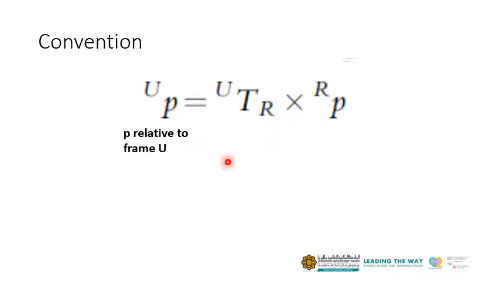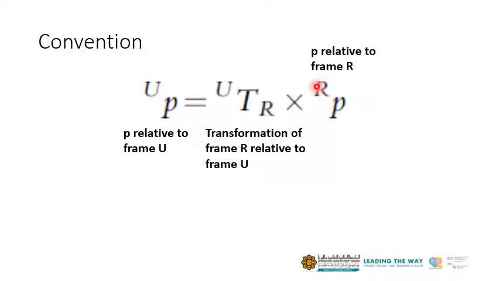And then we have another representation, P relative to the frame R, which is basically moving, rotating or translating. So in our case, it is the NOA frame. In between, we have the transformation of the frame R, which is the NOA frame, with respect to U, which is basically the XYZ frame. So this is the convention that we use.